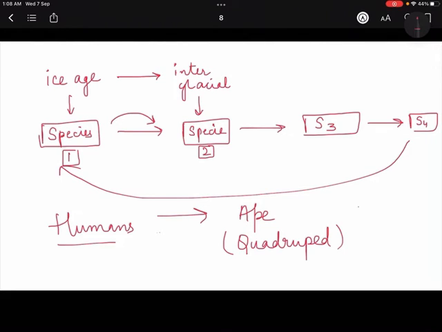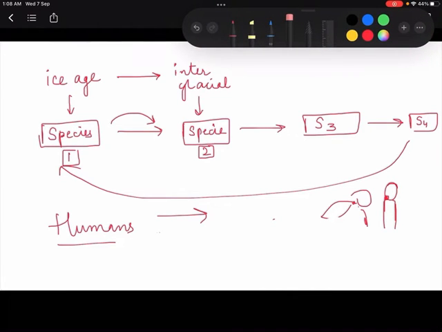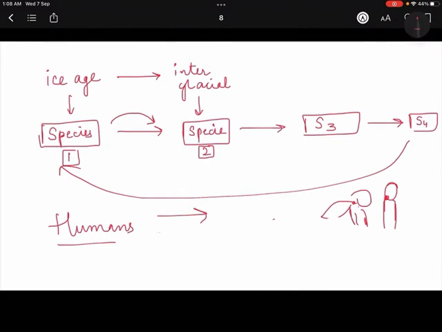Okay, so our foramen magnum, meaning the place where our head attaches to our neck, could have been somewhere else in that kind of ape, because the ape was walking like this. Sorry, my drawing is very bad. Ape was walking like this, and we are walking like this.